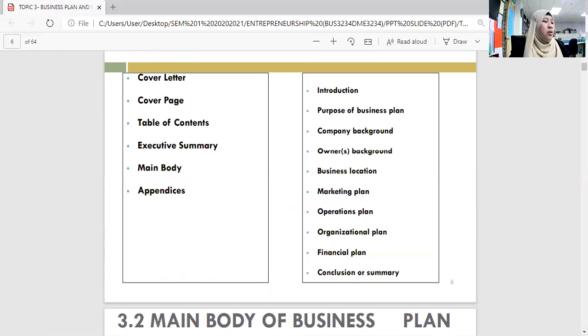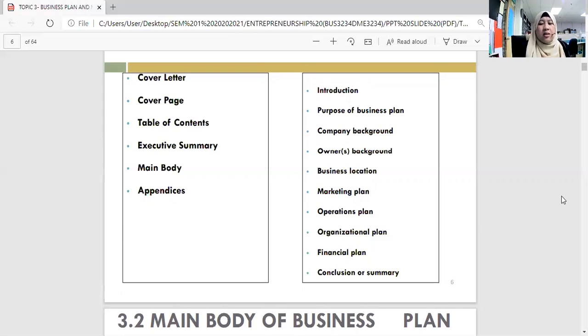If there is more than one owner, they will have to detail out their name, age, place of birth, date of birth, identity card number, qualification and experience, and of course the position they will hold in the current company. And then we also have business location, marketing plan, operation plan, organizational plan, financial plan, and conclusion or summary.